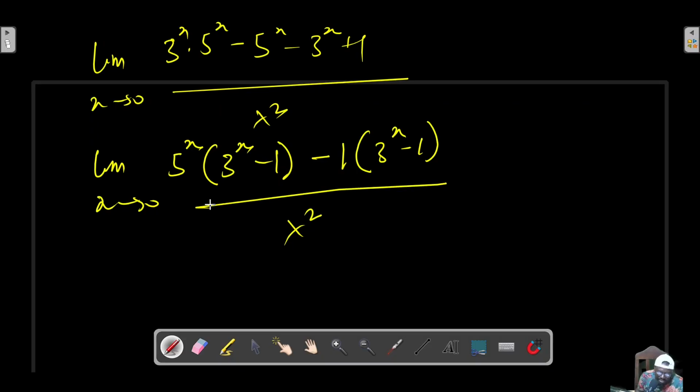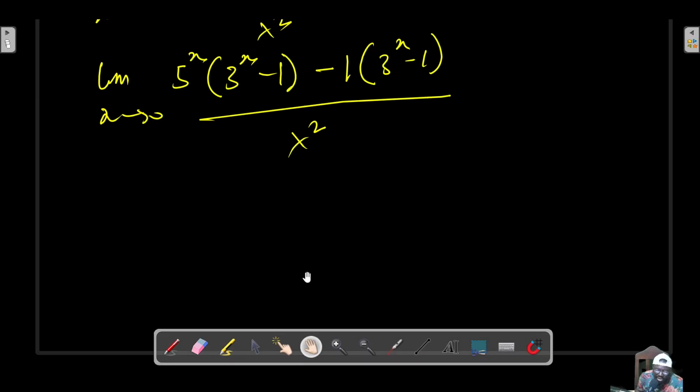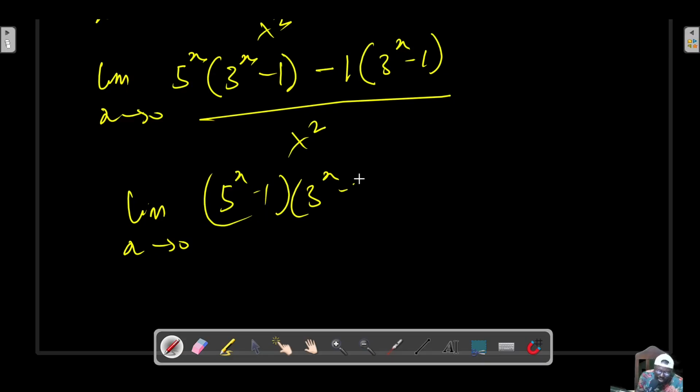For this term and this term, there's a common term, so I can factorize that common term out. So the limit as x approaches 0 of 5 raised to the power x minus 1, times 3 raised to the power x minus 1, all on x squared.